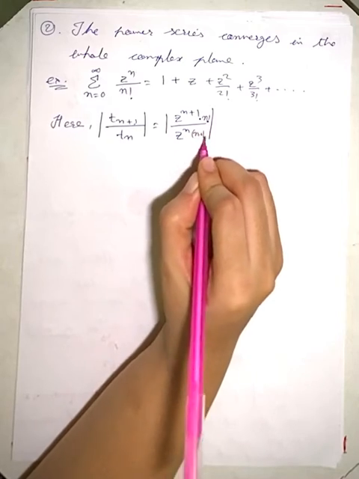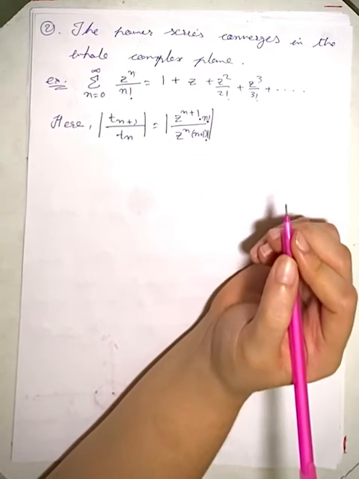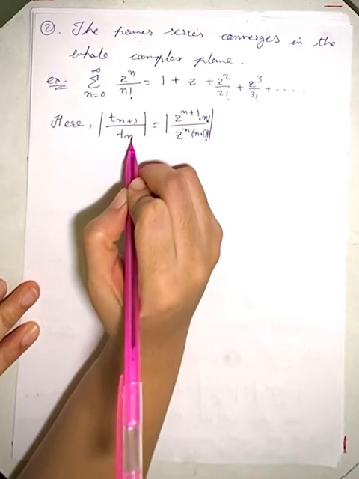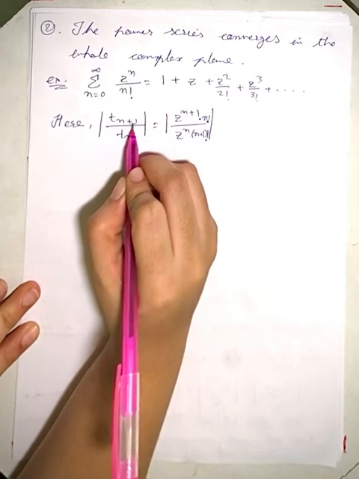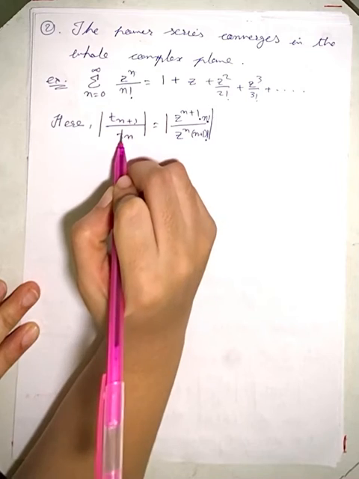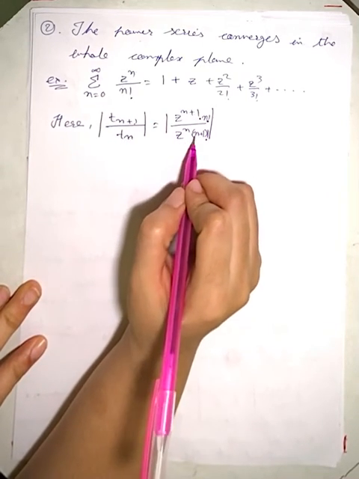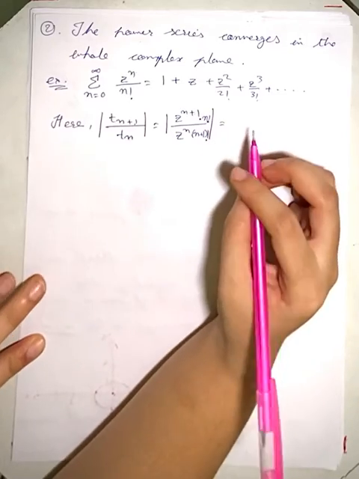When I write tn plus 1 upon tn, that means the n plus 1th term and nth term. You just have to put the values of those terms and see what you get.